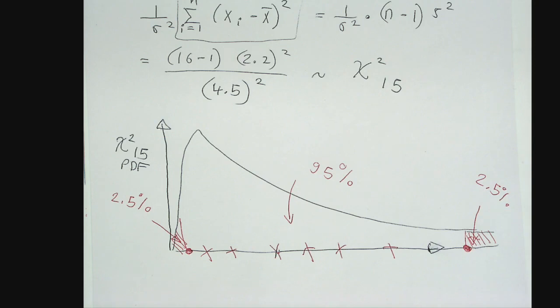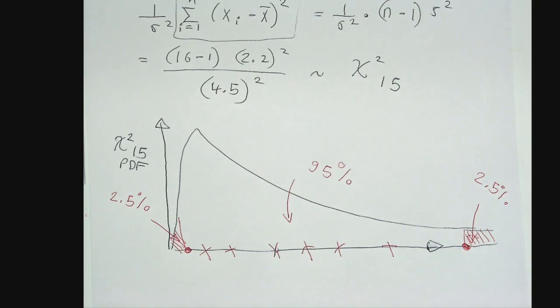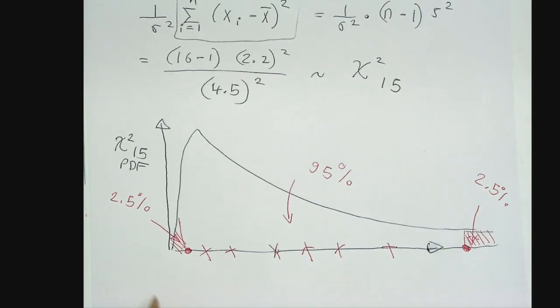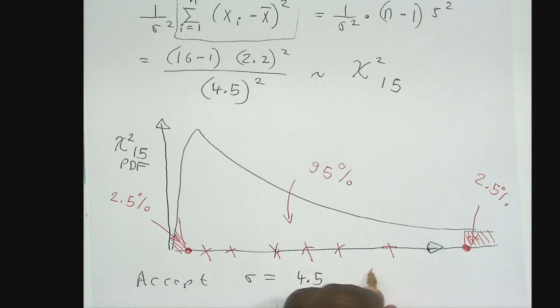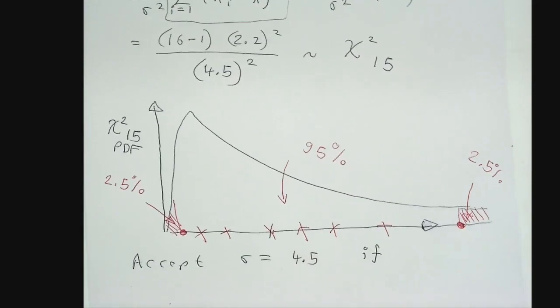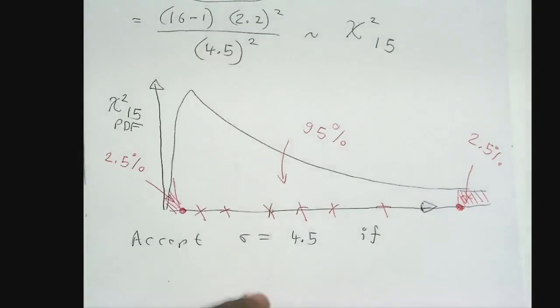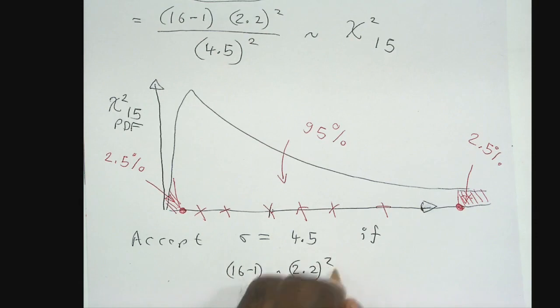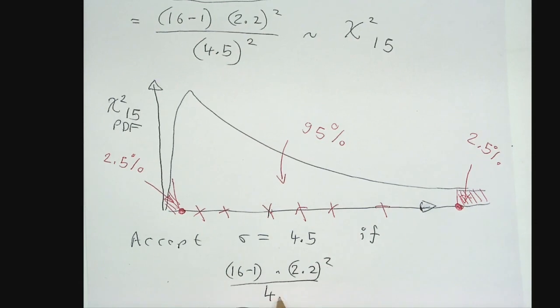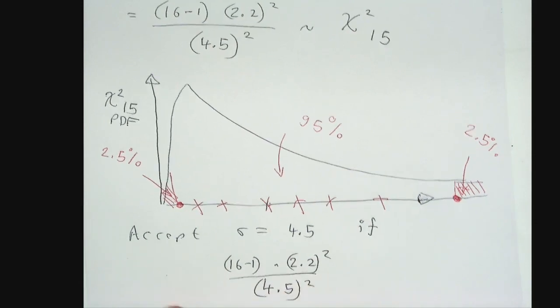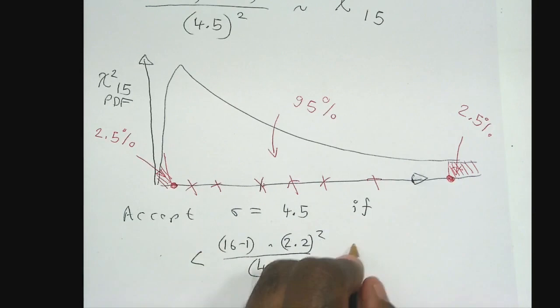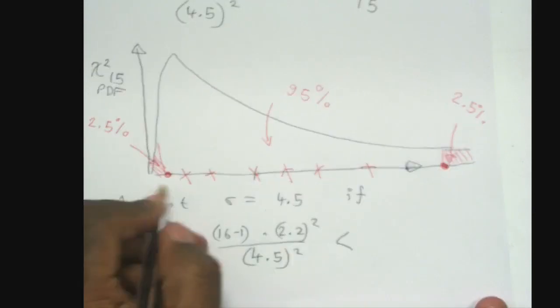So the answer you will give is the following: accept the hypothesis that sigma equals 4.5 if this number, which is (16 minus 1) times 2.2 squared divided by 4.5 squared, lies between this point and this point.